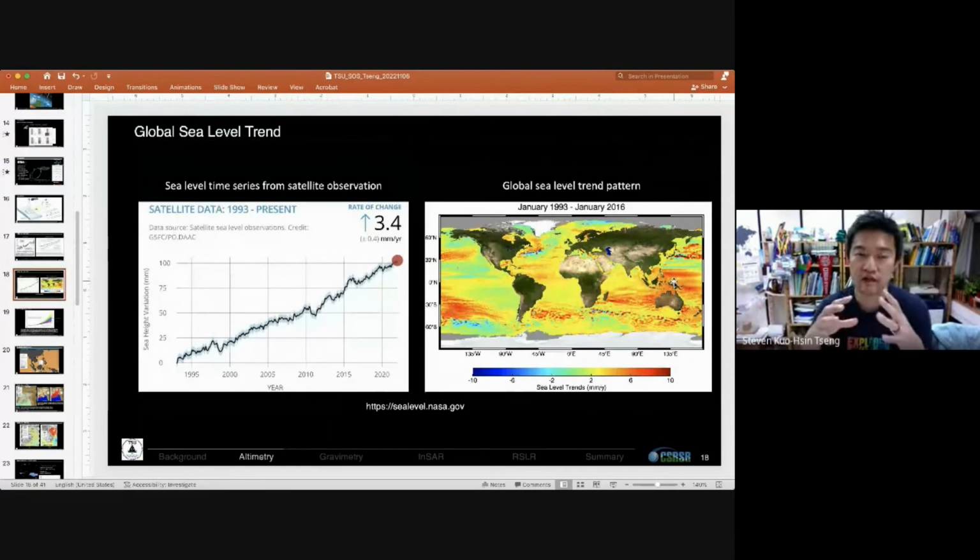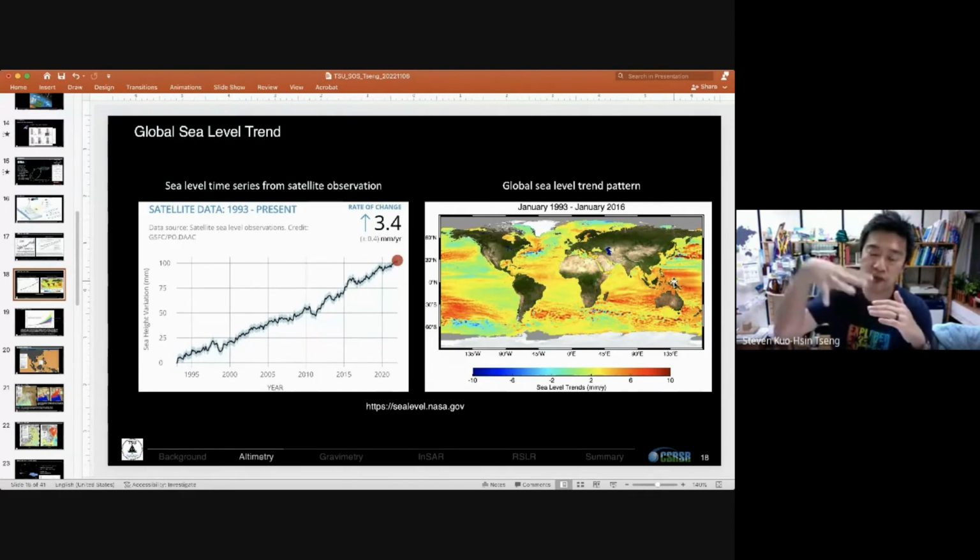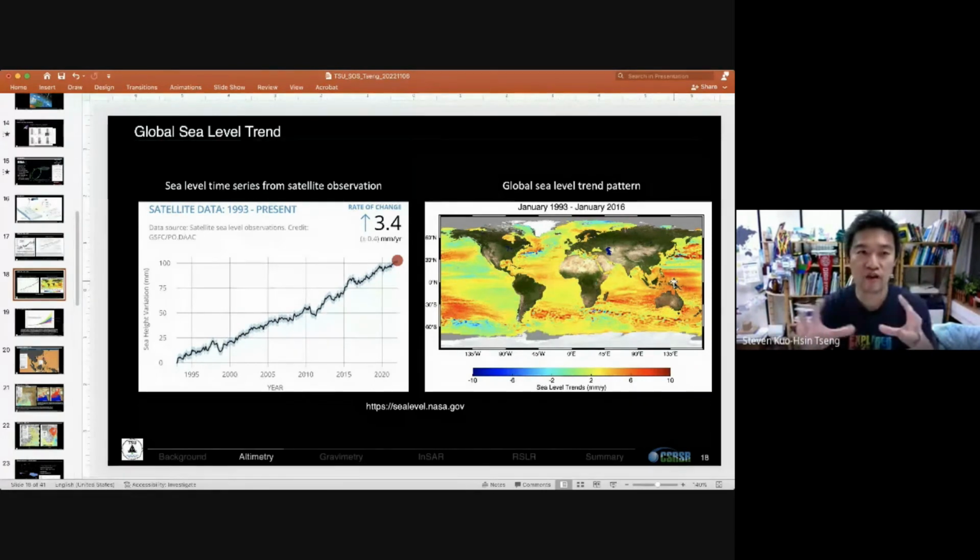So different kinds of thermohaline expansion give different levels of sea level expansion. That's why, because the ocean does not have a unified density or a unified structure, it has such a global pattern.